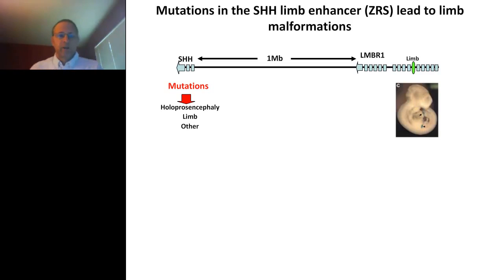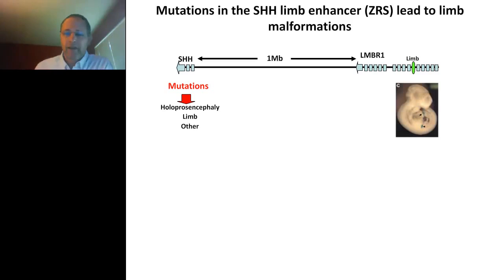So here we have a gene called sonic hedgehog, and mutations in the coding region of this gene right here lead to various diseases, various phenotypes, including holoprosencephaly, brain defects, cyclopia, kids are born with one eye, limb malformations, a lot of bad things in terms of the coding mutations.